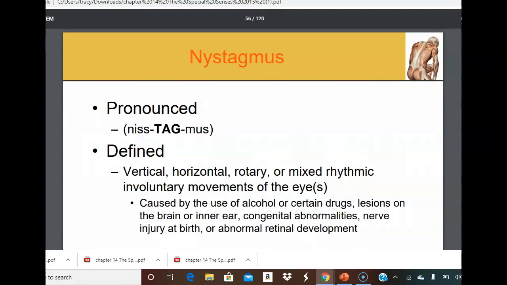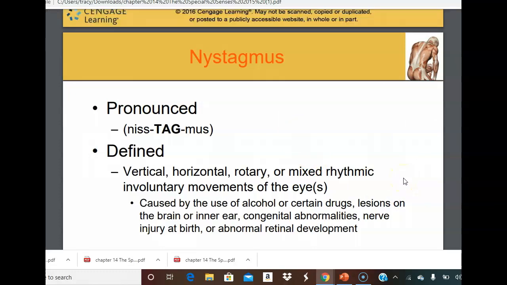Now, nystagmus is an interesting condition where we actually have involuntary movement of the eyeballs themselves. People don't do this. You can have a vertical nystagmus, a horizontal nystagmus, or a mixed one that rotates.